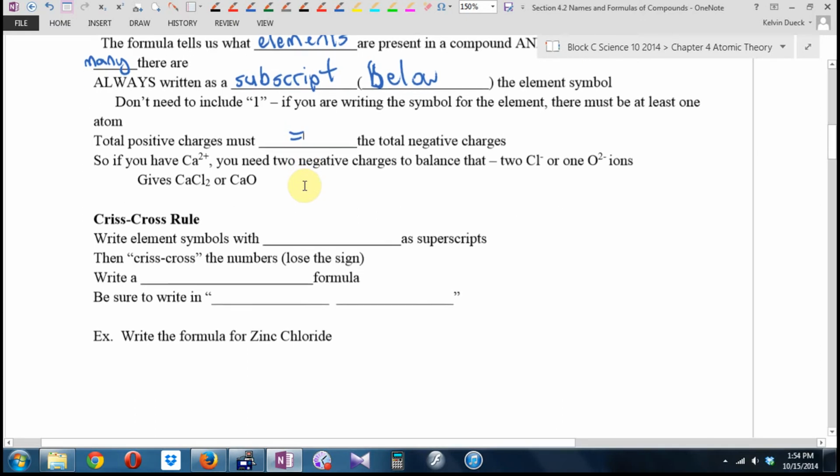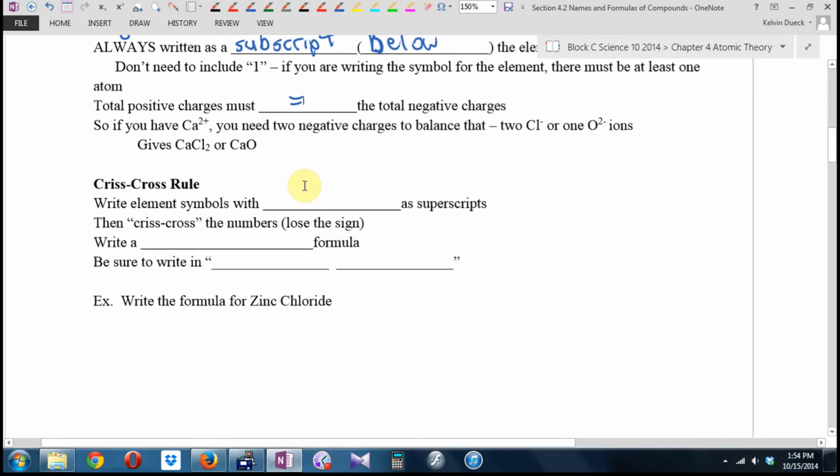You learned last year a shortcut called the crisscross rule. The crisscross rule says if you're doing the rough work, you can write element symbols with the charges as superscripts above them and then crisscross the numbers, losing the negative sign.